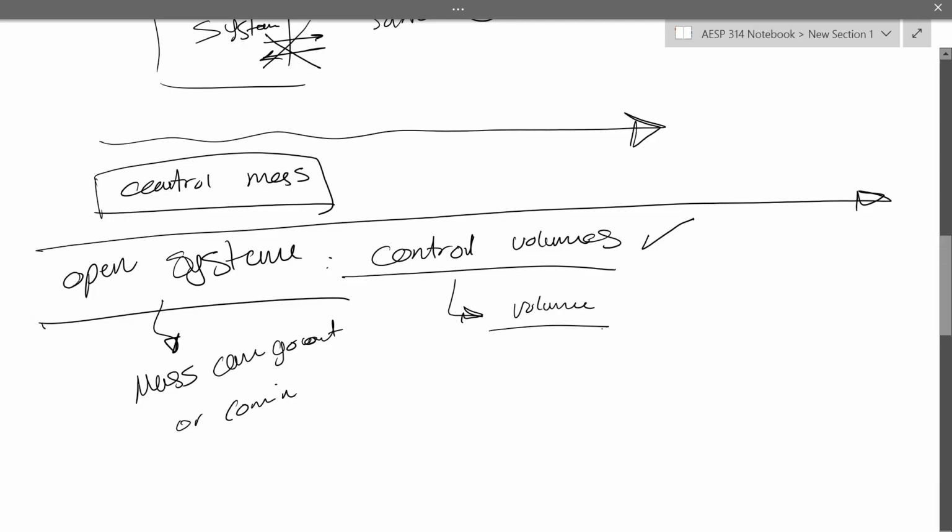Its shape may change, right? The density inside of it may change because of the change in mass or whatever, right? But the volume of the control volume does not change. And we are going to use both of these in propulsion, but we are mainly focused on the concept of a control volume. Who can give me some examples of this control volume?